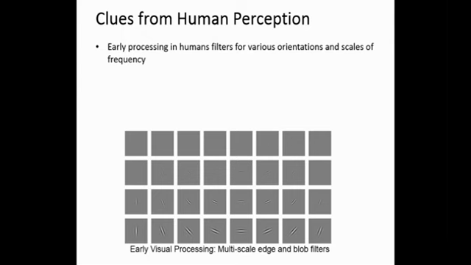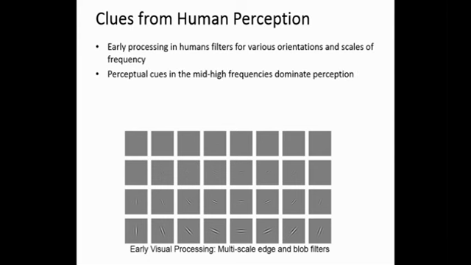We see responses to oriented bar and edge filters. That's the basis of our perception. So the early processing filters for various orientations and scales of frequency. Here are some examples. This is a model of some of the filters that would be applied.